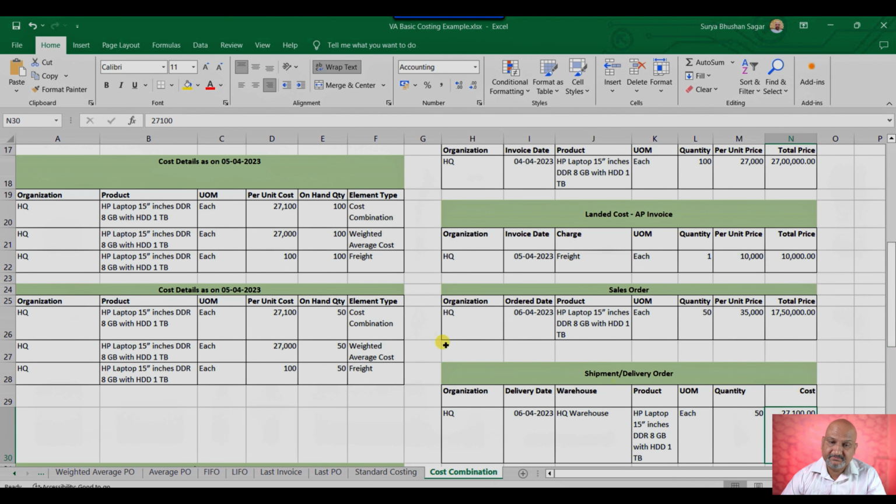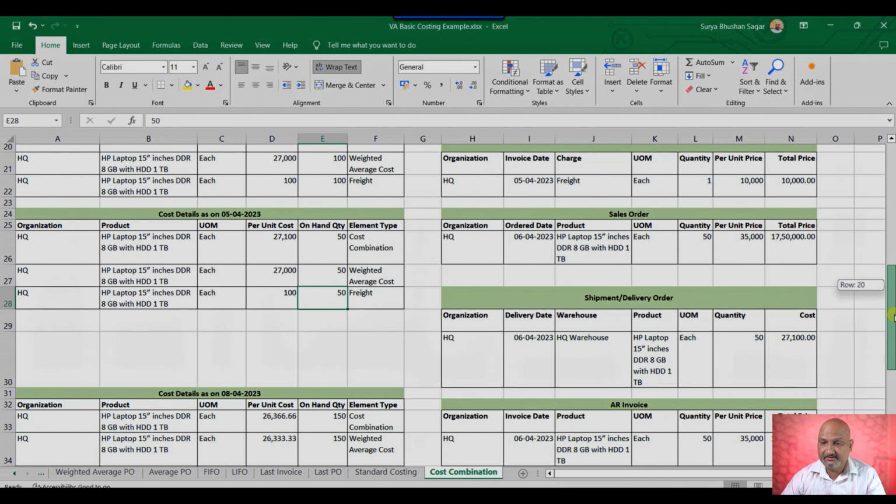It means the system considers both the values, and with this value the system sends this material. So that is going to be the status on the 5th of April once the delivery order is processed within the VA system. You can see it is 27,500 for 50 quantities, then 27,000 for 50 quantities, and then 100 for 50 quantities.